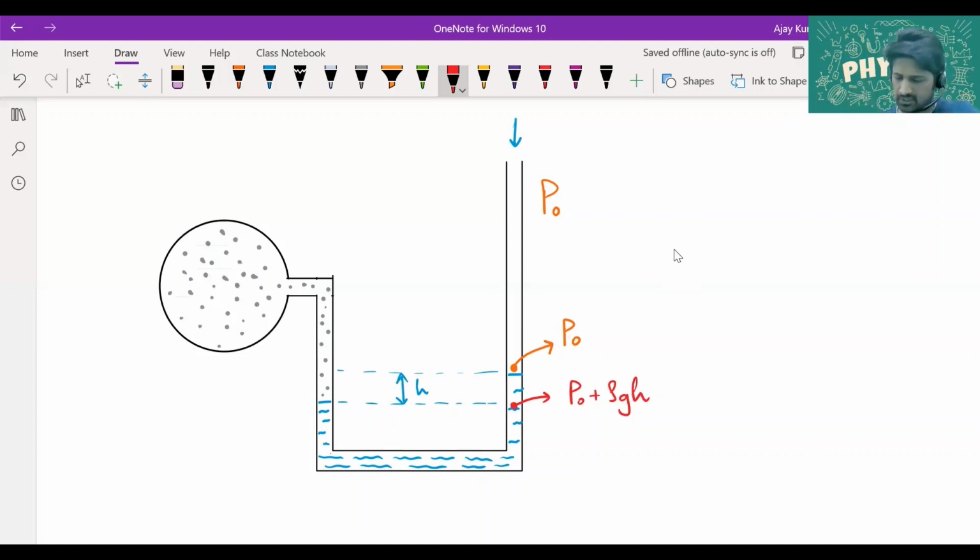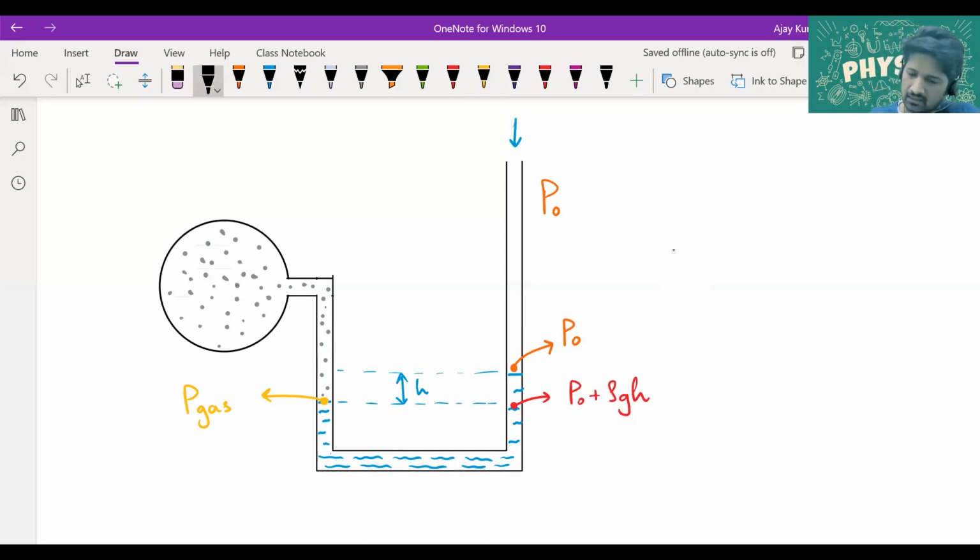We know this from fluid statics. On the left side at the same level, what is present? The gas is present. It's not open to atmosphere. So the pressure here will be the pressure of the gas, and gas has the same pressure everywhere. Gas pressure won't vary significantly for small heights. This also we had discussed in fluids.